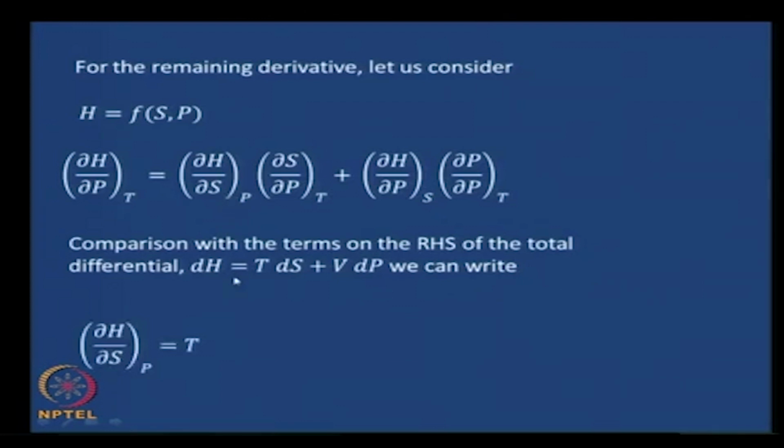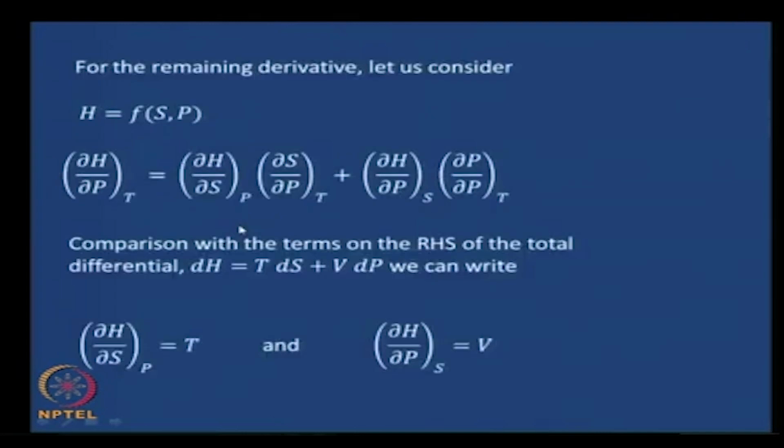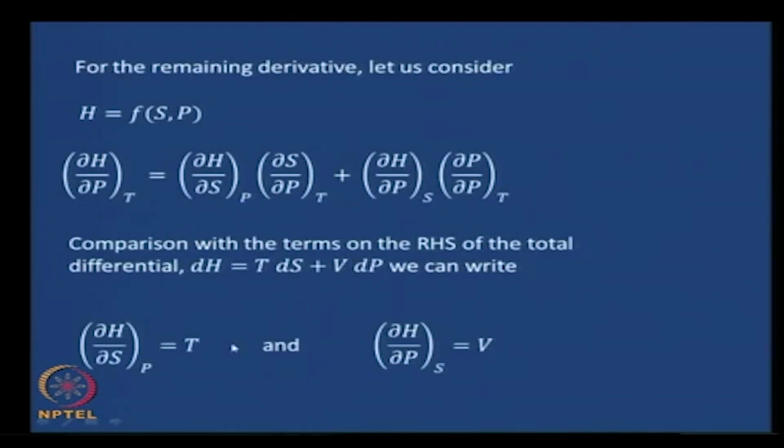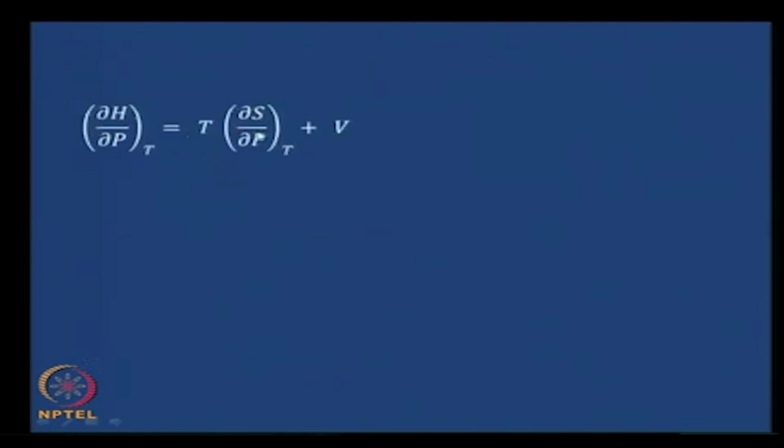We can write that ∂H/∂S at constant P equals T, and ∂H/∂P at constant S equals V. Therefore, ∂H/∂P at constant T, which is the one that we require, is nothing but T ∂S/∂P at constant T plus V. So, we have gotten all 4 quantities that we were required to get.